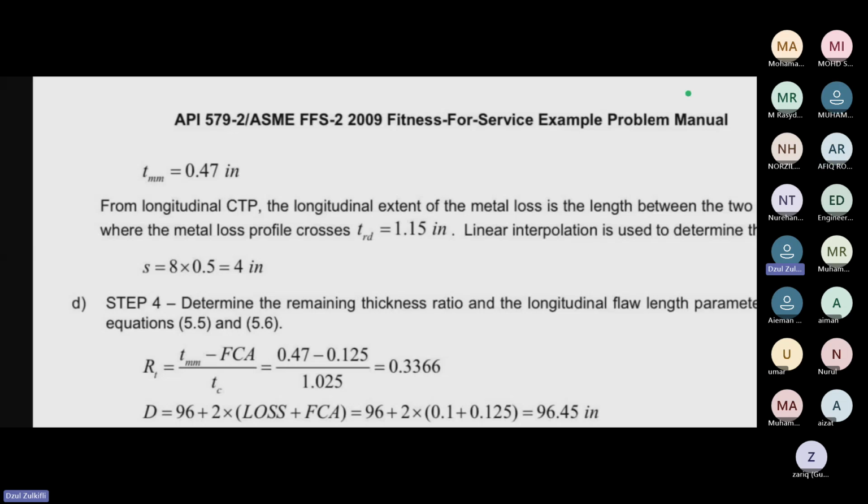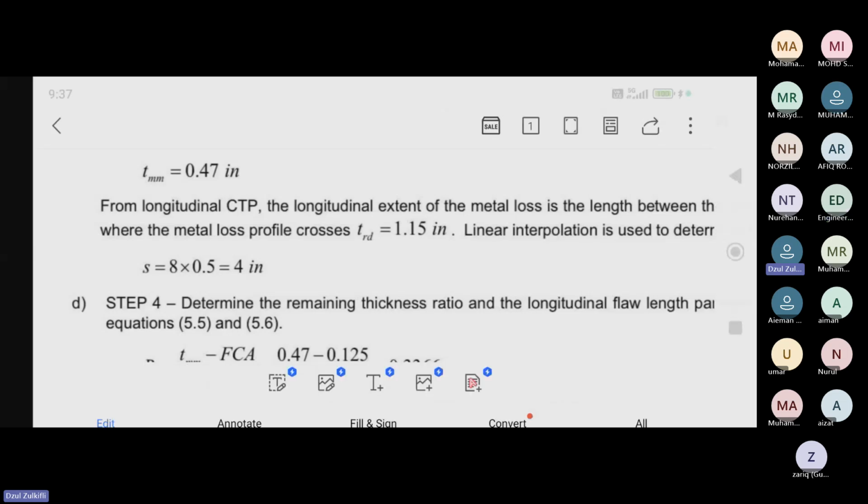Sorry, I couldn't monitor the chat. Hello? Anyone? Okay lah, 1 minute dah up. 0.517 inch. Okay, sekejap saya pause je.